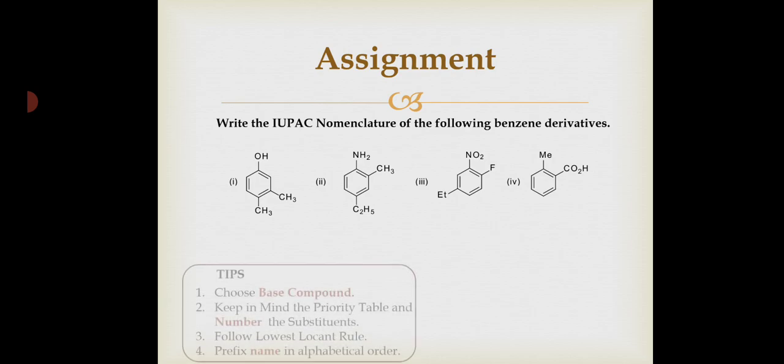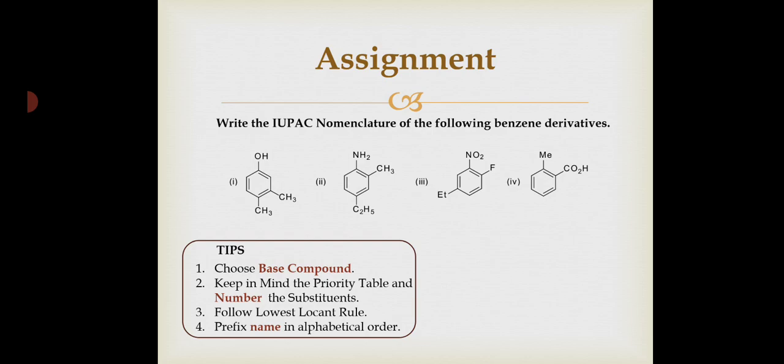The tips are, first you have to choose the base compound. Then you have to keep in mind the priority table, and you should number the substituents in such a manner that the substituents get the minimum numbers, and follow the lowest locant rule. When you write the names in the prefix, we have to follow alphabetical order.